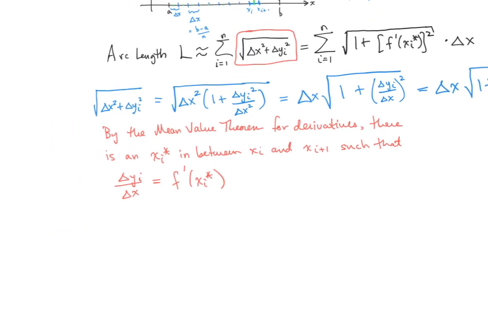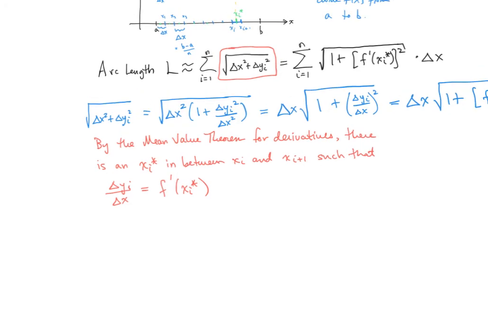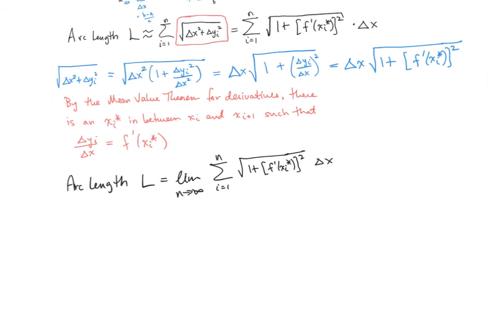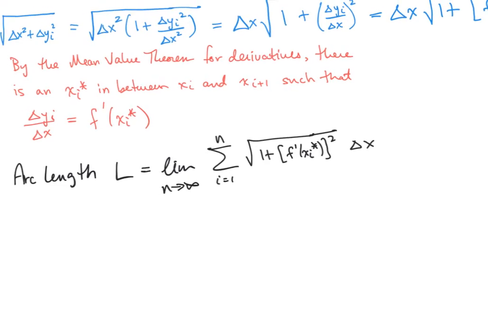So we end up finding, through this limiting process, that the arc length, which we'll call L, is equal to the limit as n goes to infinity of this sum, which is really, by definition, an integral.